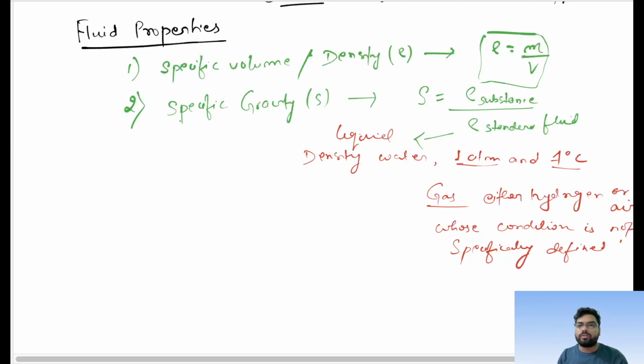Like in water we have 1 atmosphere plus 4 degrees centigrade, but in case of air or hydrogen the condition is not specifically defined, but it will be provided in the question.